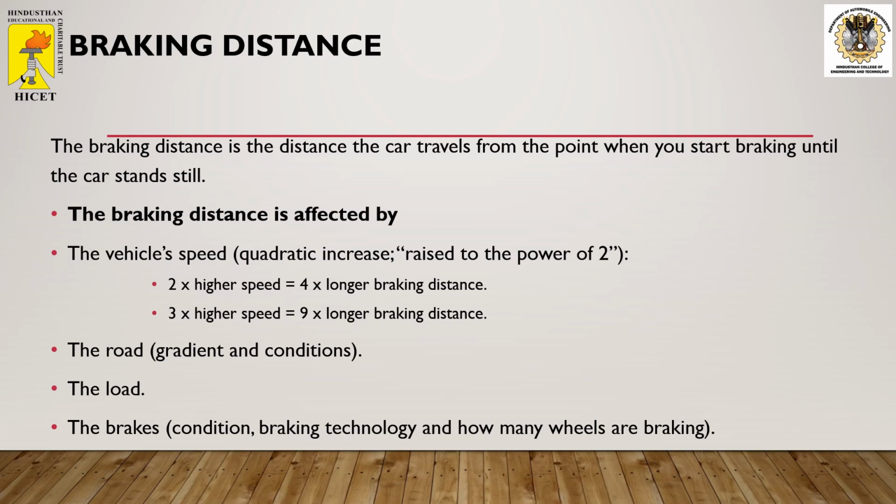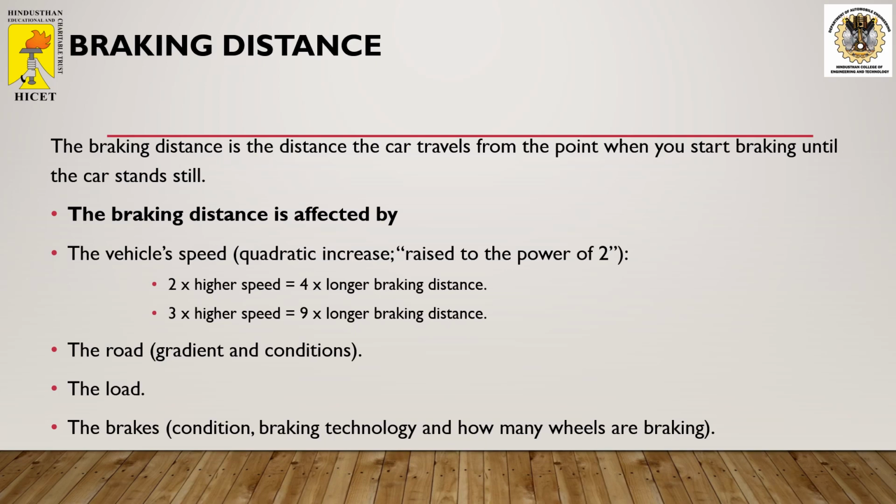Then load. Load plays a vital role here, because as the load increases in the vehicle, obviously the braking ability decreases. If the driver alone is traveling in a car, that car will stop at a comparably shorter distance, and if the car is fully loaded with people and cargo, obviously it results in a longer braking distance. Next thing is the brakes' condition.